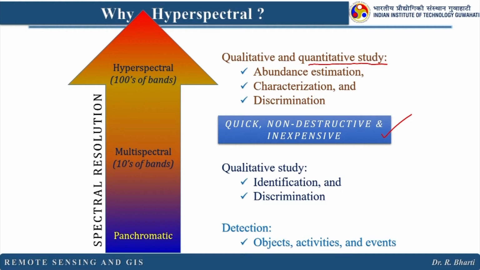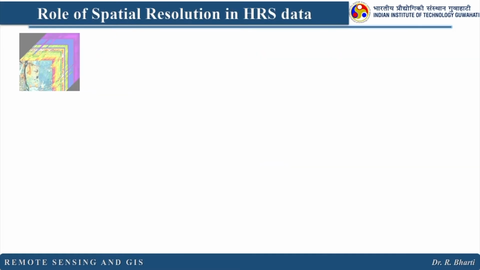That much information you can derive from this reflected or emitted energy which has been captured in the form of hyperspectral data. We are going to generate the spectral signature from the image, and then we will follow spectroscopy. We will use the library spectra or the pure spectra we generate, and with respect to that see how much it is matching, what the similarity is. So, basically we will be doing the spectral analysis.